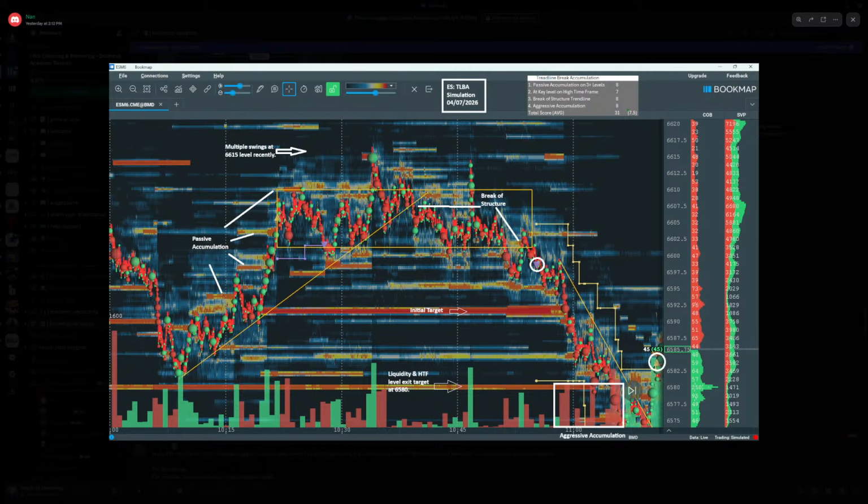You can enter right at 6603, and that will give you an area where you can put your stop somewhere above that structure, and then you have a better risk to reward by targeting that initial target. And like you, Nan, I always enter around where you did as well, and that's just how it works.